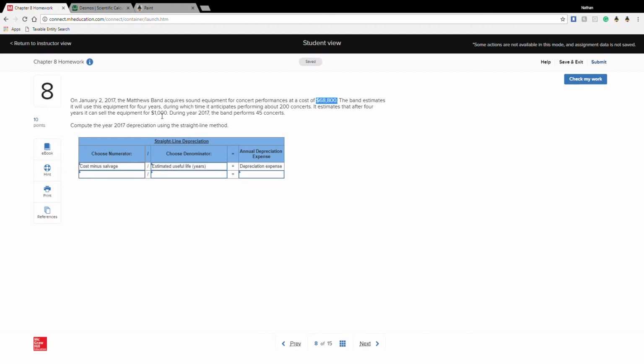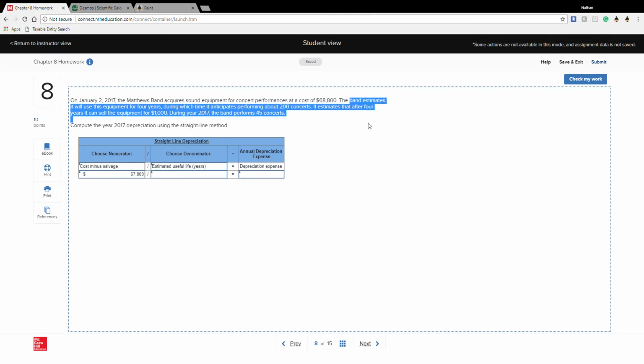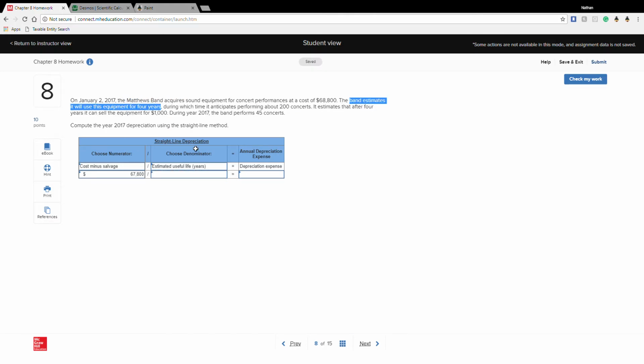Basically, their salvage value is $1,000. So 68,800 minus 1,000 is a grand old total of 67,800. Now we divide by how long they think the equipment's going to be good for. So the band estimates it's going to be about 4 years.